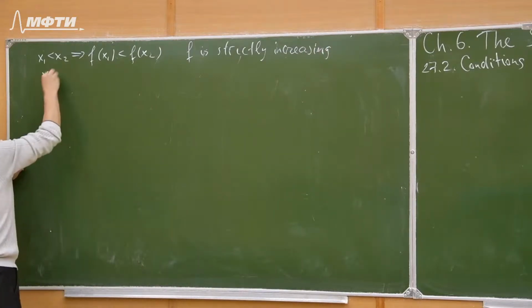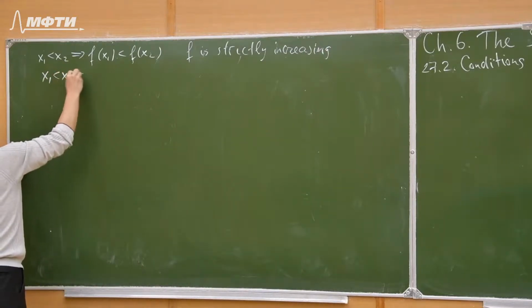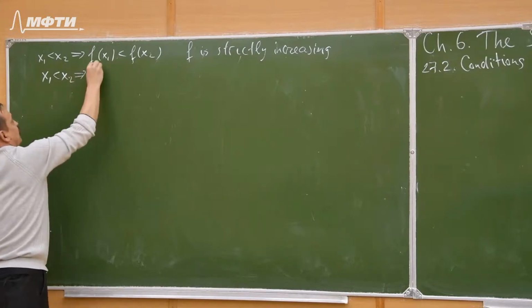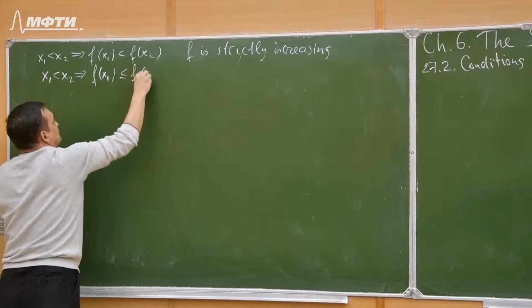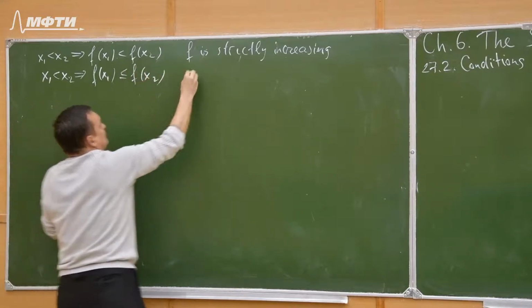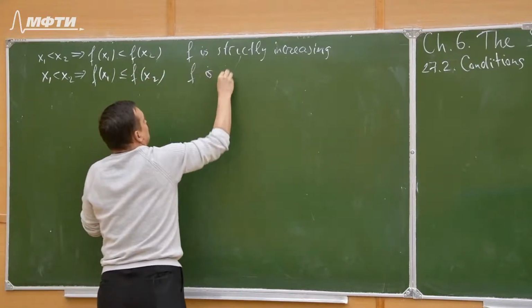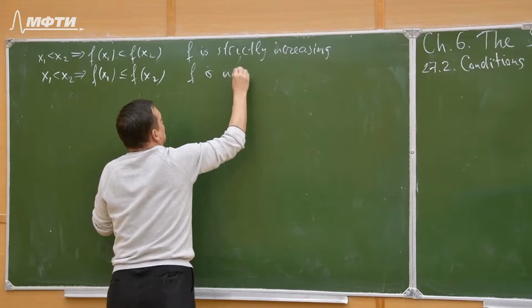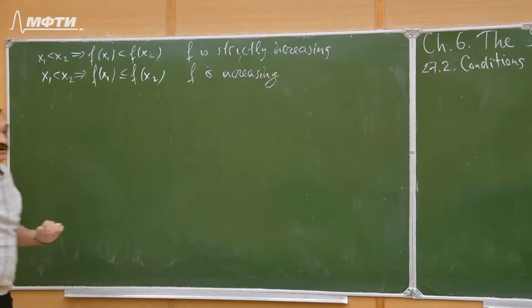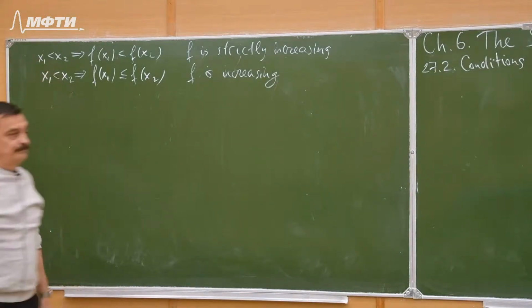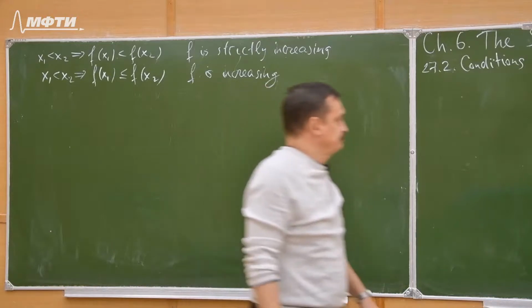And if we cannot guarantee strict inequality but non-strict only, then f is increasing. That was the definition from before, analogous for decreasing functions.